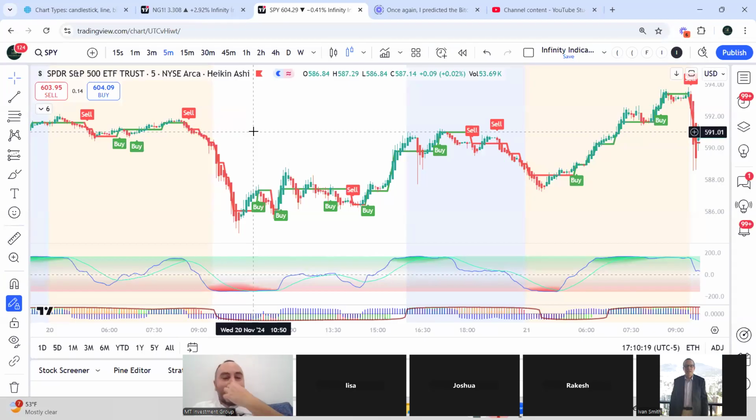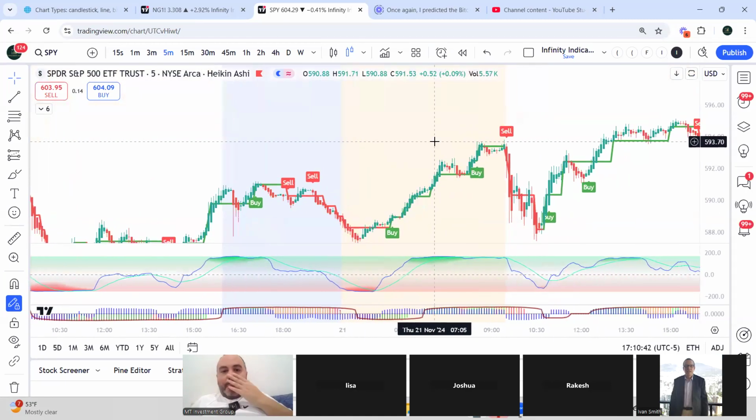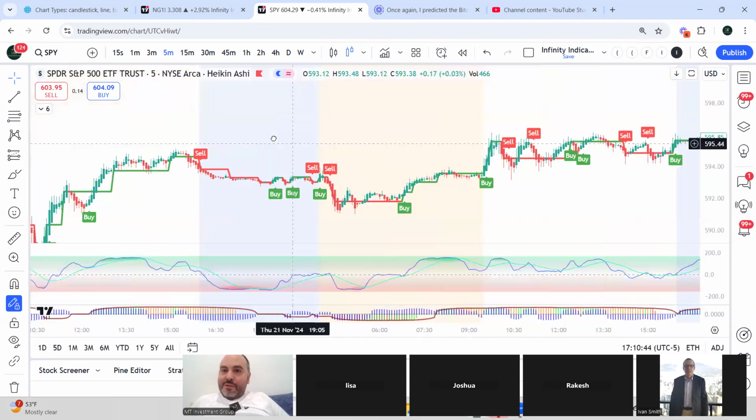There's nothing wrong with missing plays. You really want to be taking the high quality plays. So that's why I suggest checking the higher time frame box if you're only using the infinity indicator. Does that make sense to everyone? Yes. Cool.